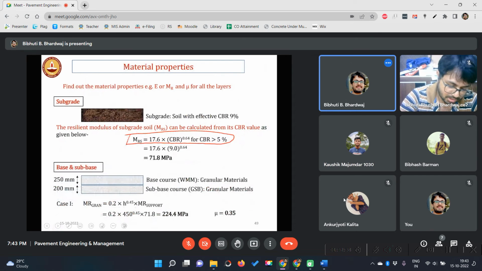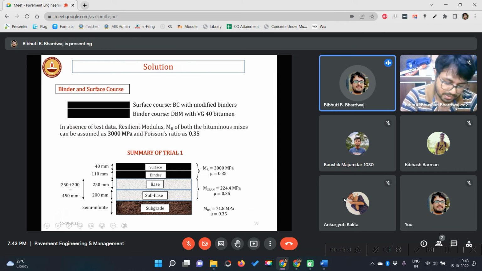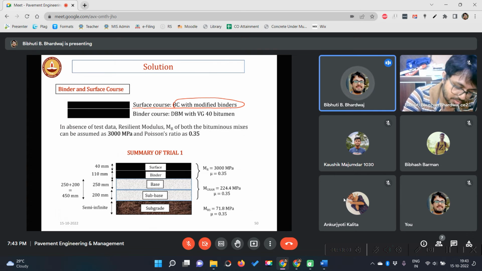So this is the subgrade, this is here mu3, which is 0.35. This is your E2, and this is mu2, 0.35. And for the binder and surface course, this is the surface course with modified bitumen, BC with modified bitumen, DBM with PG40 bitumen.